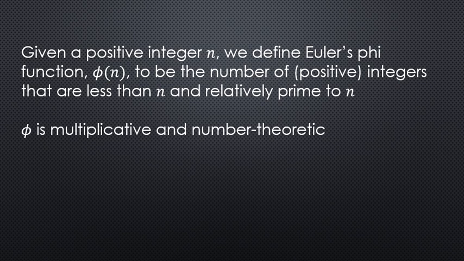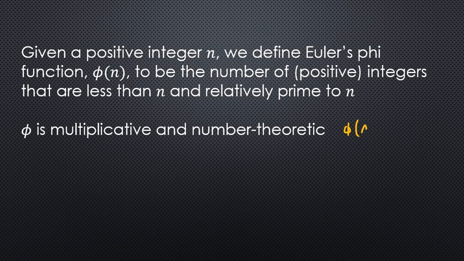As we said, this function, Euler's Phi function, is a number theoretic function, and it is also multiplicative as well. We saw from a previous video, what does it mean for a function to be multiplicative?